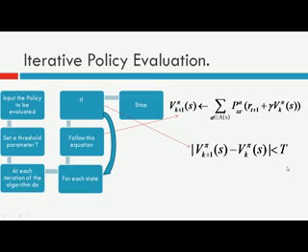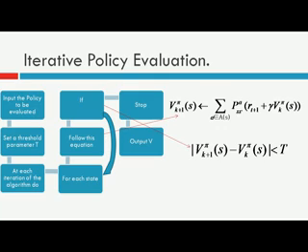Otherwise, if it is greater than the threshold, then you will again go to this step and repeat this process for each possible state. This process will run continuously until this condition is satisfied, or you can set a maximum number of iterations. Say, suppose there are 10,000 iterations, then also you can stop this process.